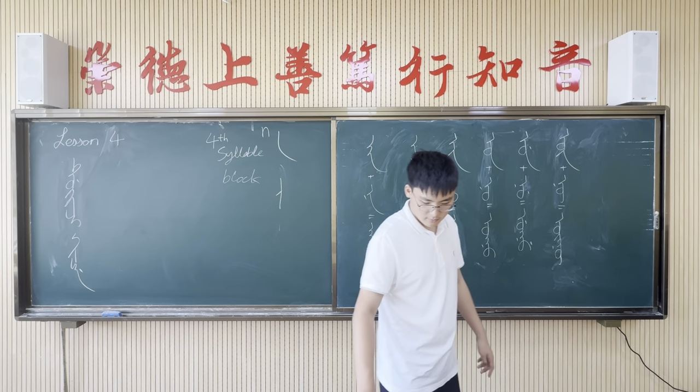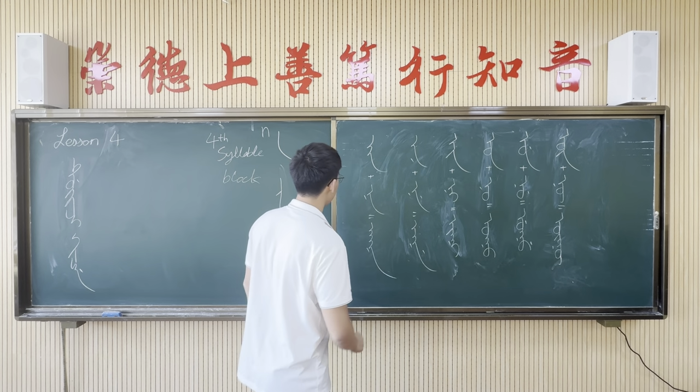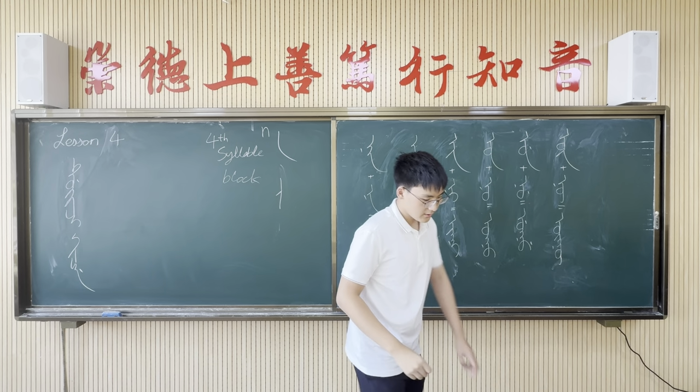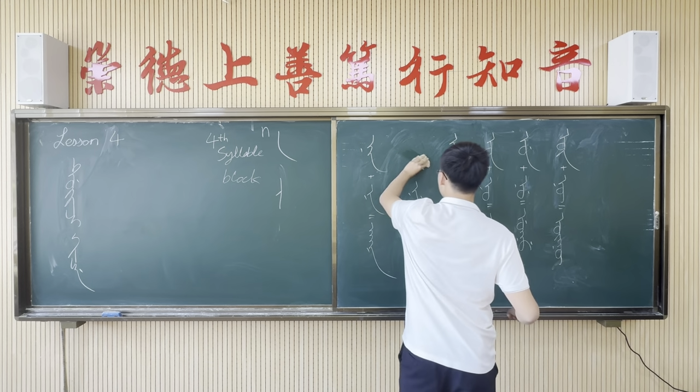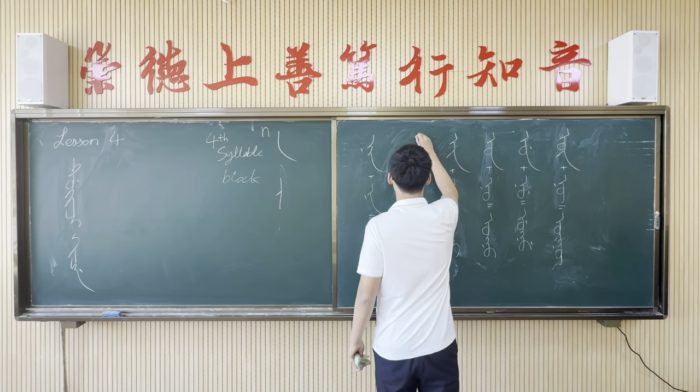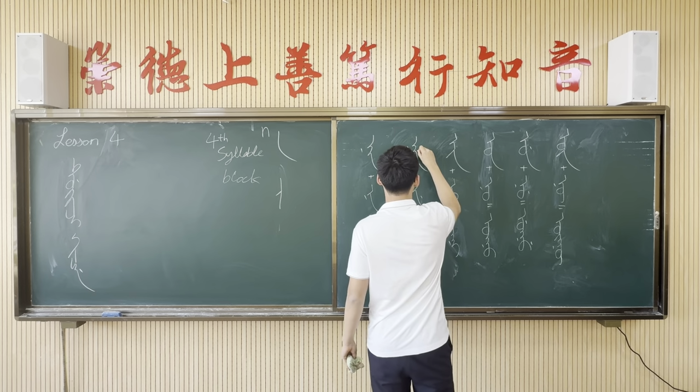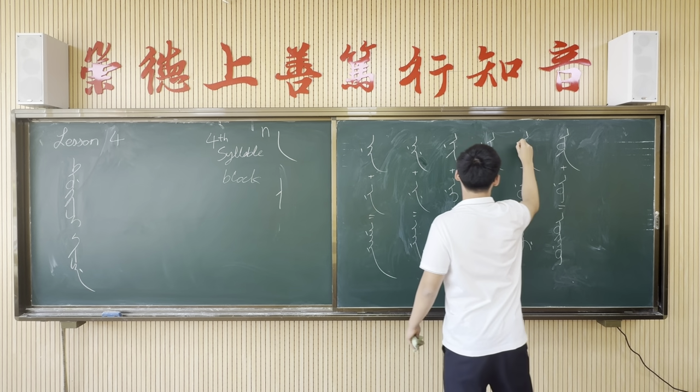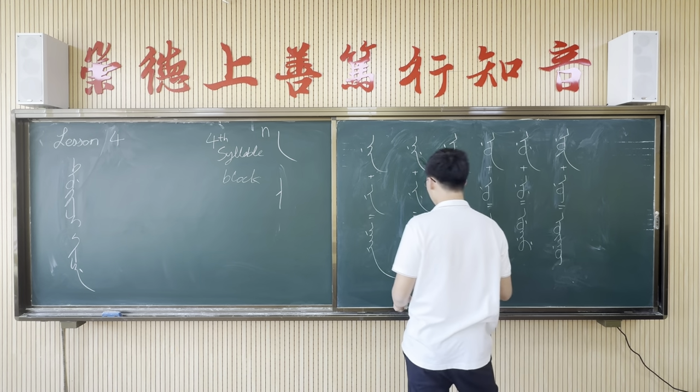Now we have 6 more examples to write. So none, then erase this into none, ni, no, non, right?